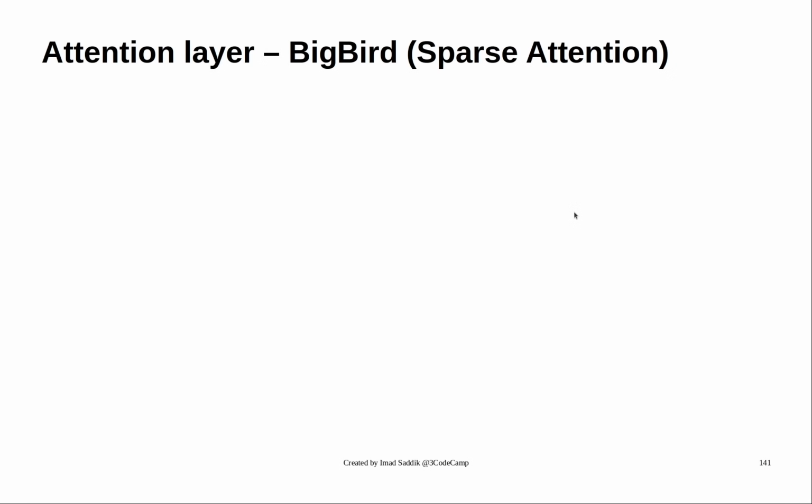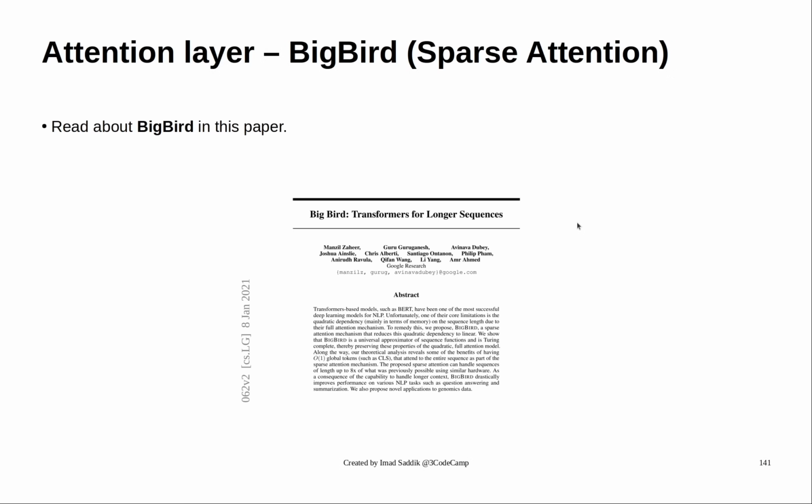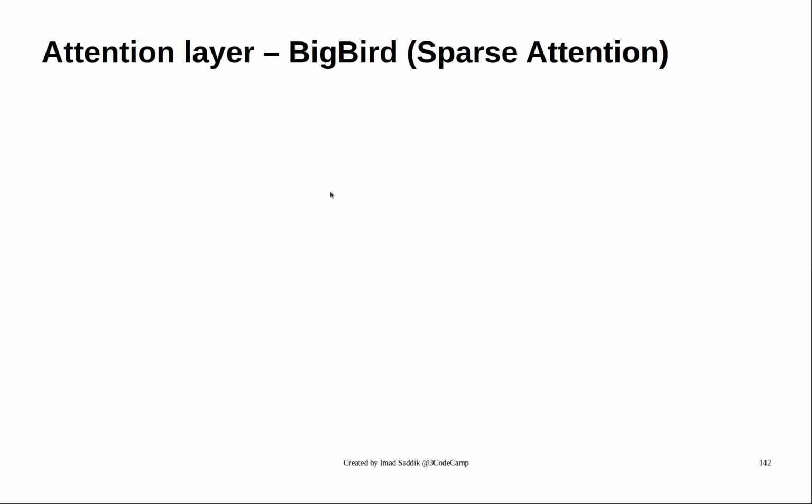Now let's talk about a paper called Big Bird, which introduced sparse attention. Click on the image if you want to read more about the paper. Big Bird is designed to process large sequences of text without sacrificing performance.